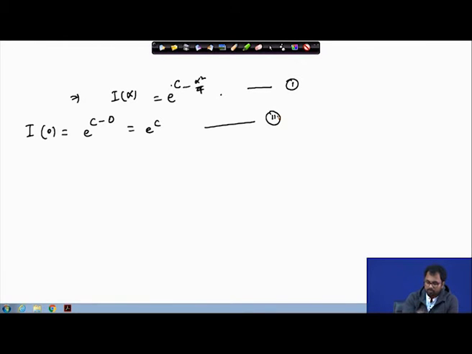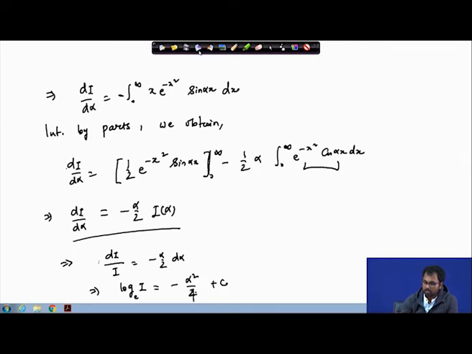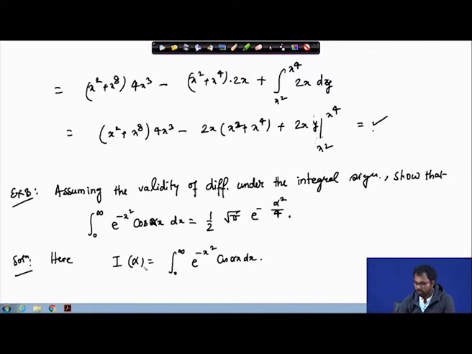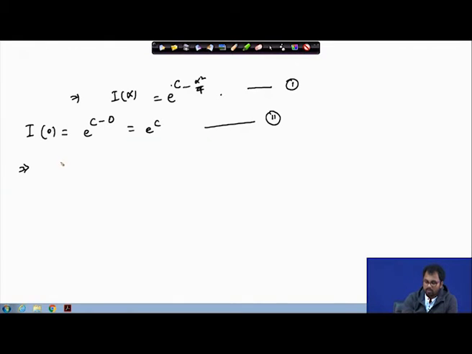So we have to evaluate the value of c, and I0. On the left hand side, when I substitute alpha equals 0, this is basically cos 0, and cos 0 is 1. So we have I0 equals the integral from 0 to infinity of e to the power minus x square cos 0 dx.